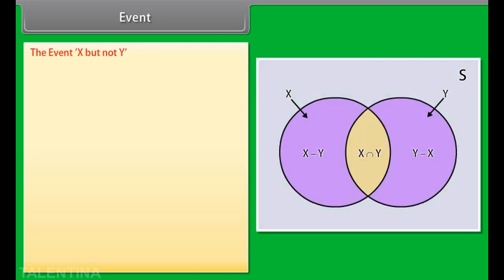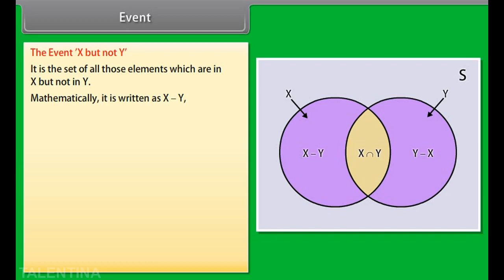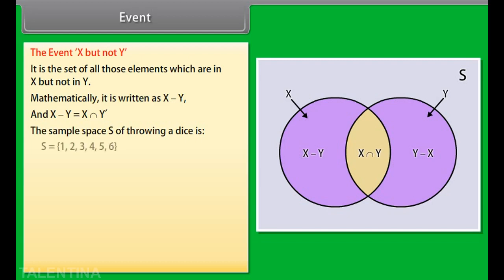The event X but not Y. It is the set of all those elements which are in X but not in Y. Mathematically, it is written as X minus Y, and X minus Y is equal to X intersection Y dash. To understand it, let's take an example. The sample space S of throwing a dice is S = {1, 2, 3, 4, 5, 6}.